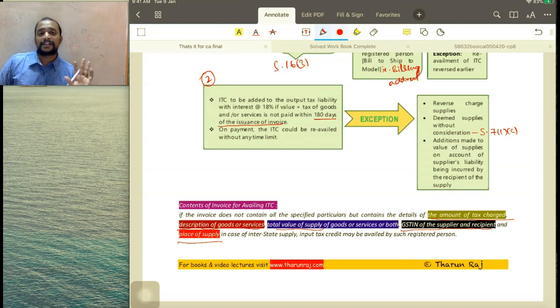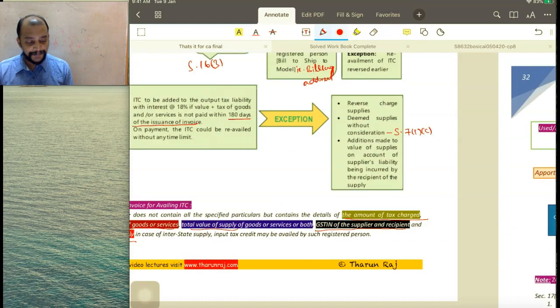So suppose HSN details are not there, SAC details not there, can you still take ITC? Yes, you can still take ITC. The description is there, the rate is not there, still you can take ITC. These are the minimum details that should be there in the tax invoice. If any one detail out of these is missing, even though you have really paid GST, you cannot take the ITC here.